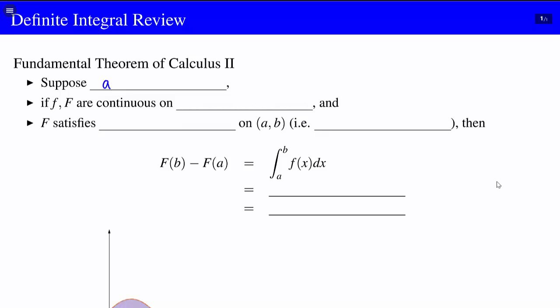Let's start. So suppose that a is less than b, these are just two numbers. Then the backbone of computation is the fundamental theorem of calculus part 2.